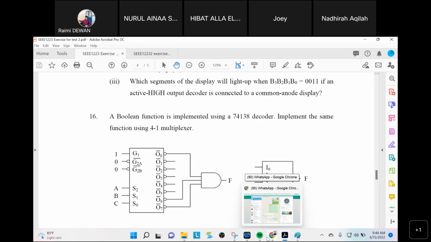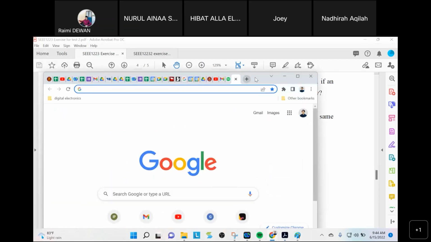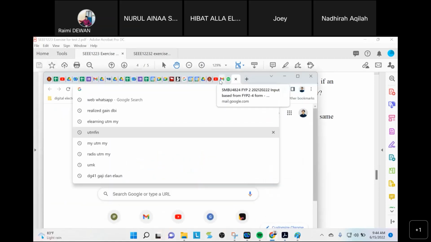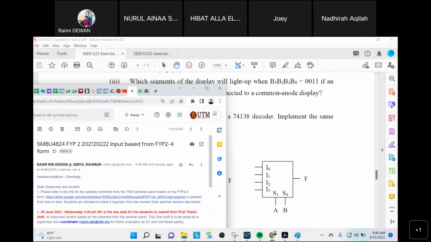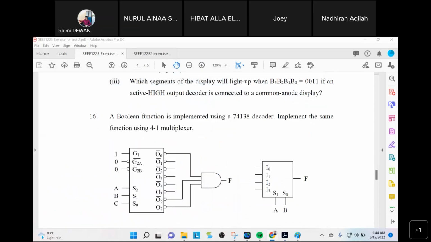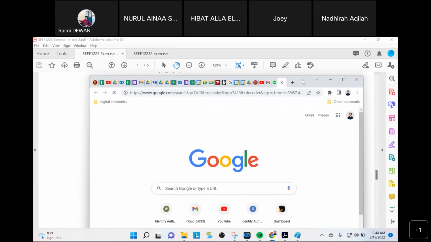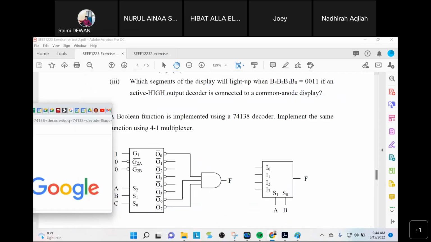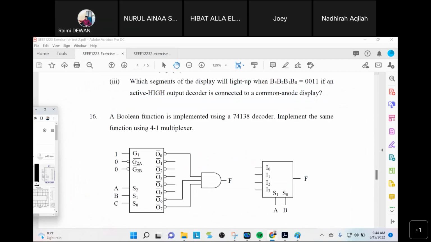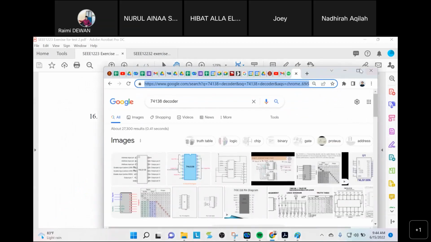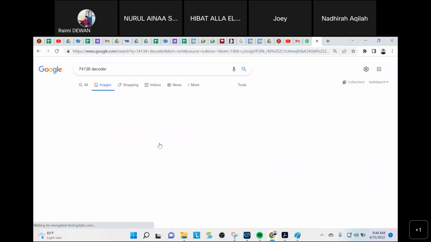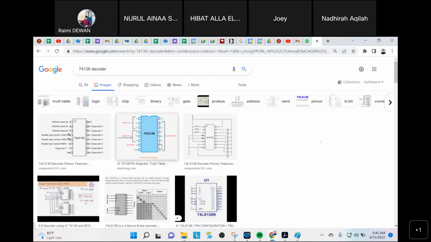Okay. Wait. Go to 74, 138. Decoder. Okay. Don't know why it's slow. So this one is 74138 decoder. Oh, I have lab after this.